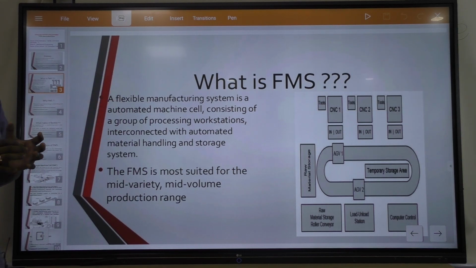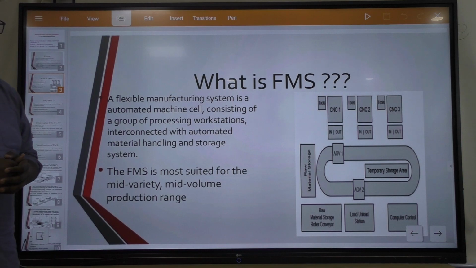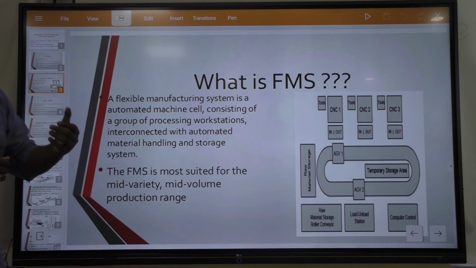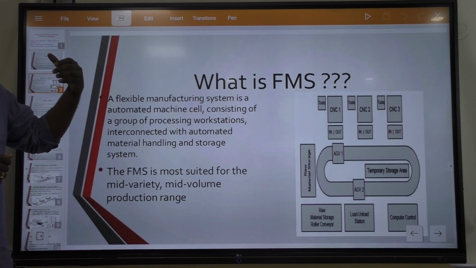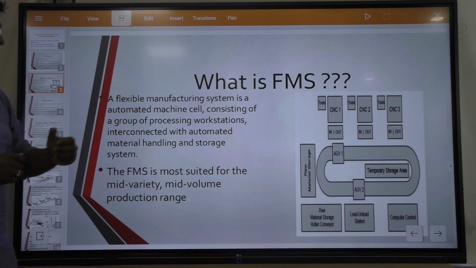Suppose we have to do machining operations like facing, then drilling, and at last a grinding operation. So we have to do these operations in different machines. Whenever there is a facing operation, by the help of this flexible manufacturing system you can carry the raw material to machine 1 where you do the facing operation.